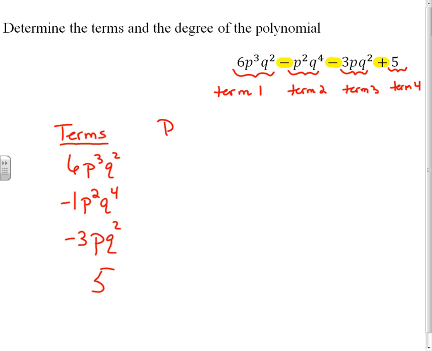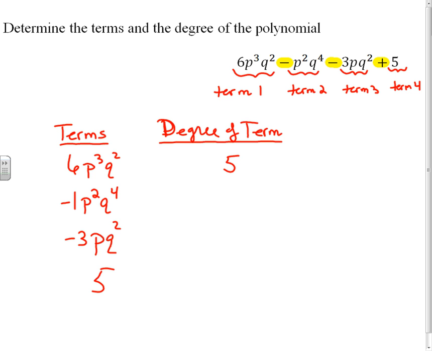Now, the degree of each term. The degree of each term is determined by the sum of the exponents. So in term 1, 6p cubed q squared, the exponents are 3 and 2, so the degree is 5. 3 plus 2 is 5.